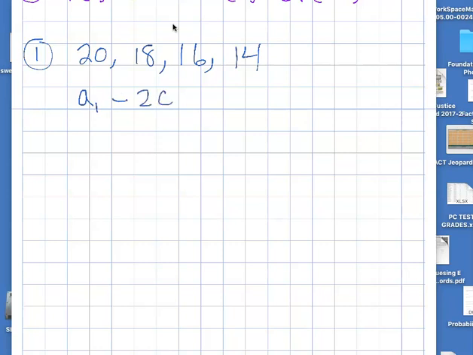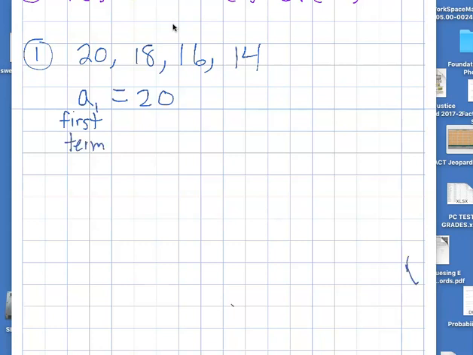Let's see if we can try one here. What if I said, write a recursive formula for 20, 18, 16, 14. I'd look at that and say, this one's easy, it's subtracting 2. Sometimes it's not f; you might see it with subscripts, like f sub 1, which means the same thing, our first term.